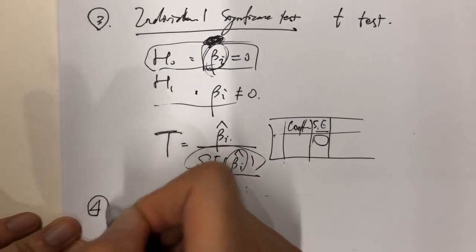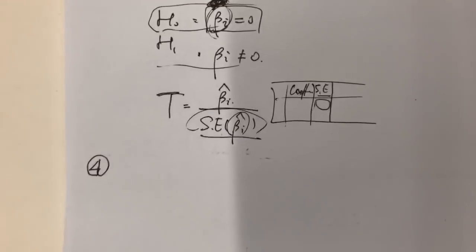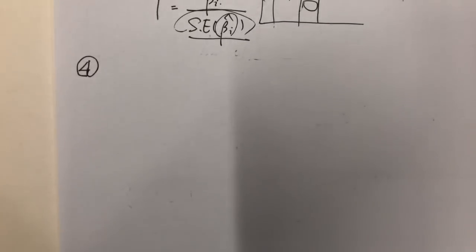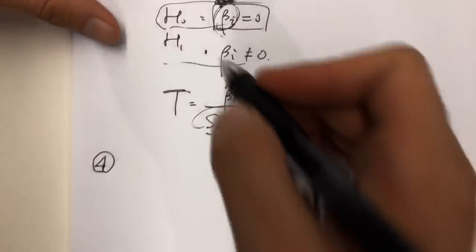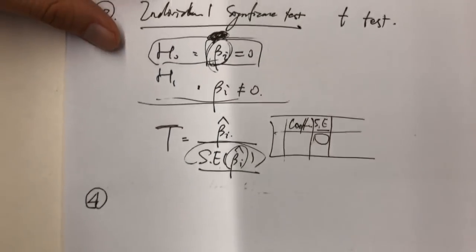Now, fourthly, again, for the goodness of the model, sometimes we want to remove some independent variables, right?